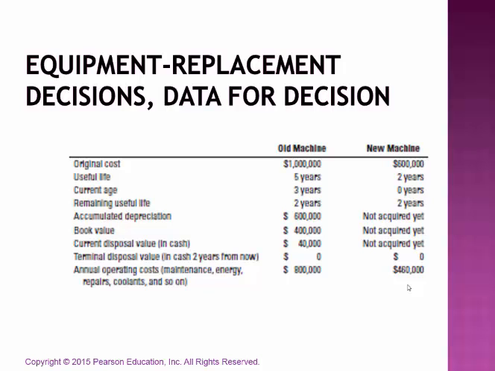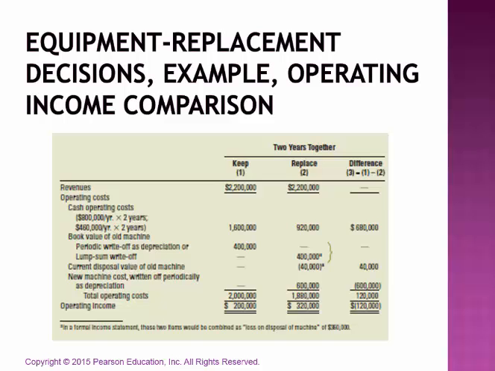So would it benefit us to actually go about purchasing this new machine and selling off the old machine? The new machine's going to cost us, though, a whopping $600,000. Again, it's over 2 years useful life. So the entire $600,000 would be depreciated over the 2 years. All right, so should we or shouldn't we? This next page right here shows us everything. Relevant and irrelevant information.